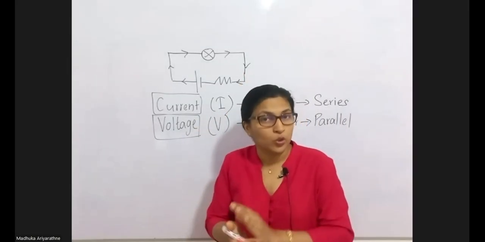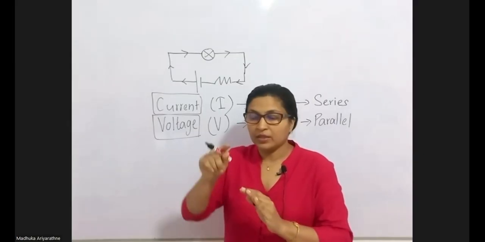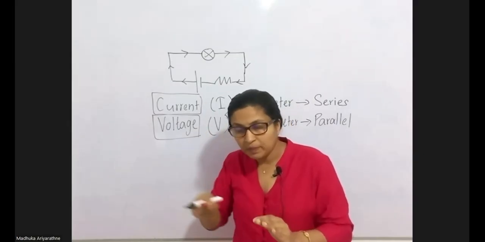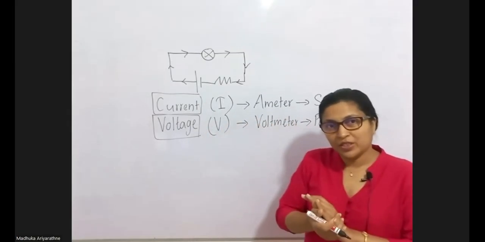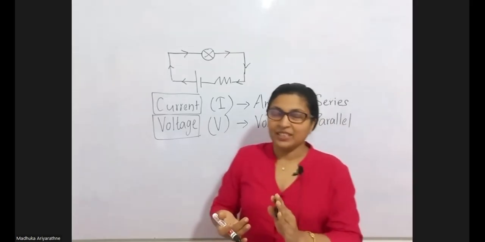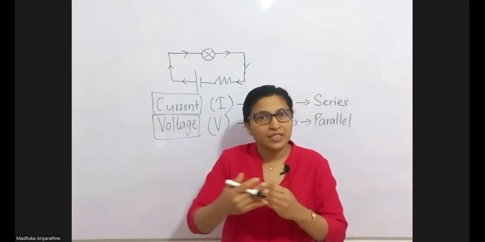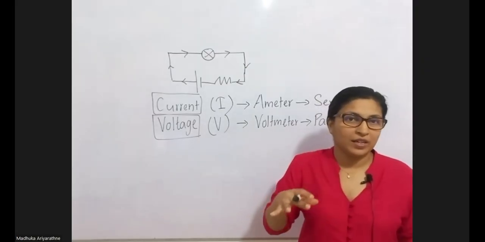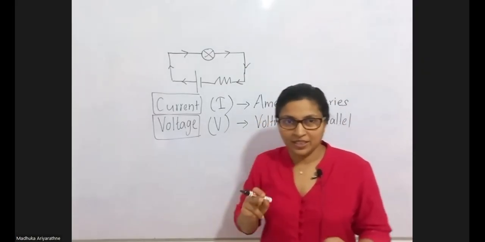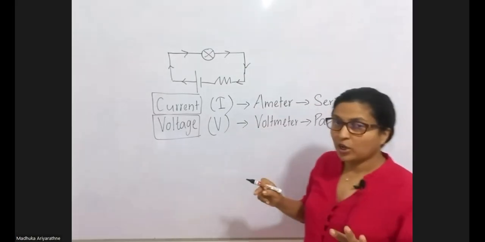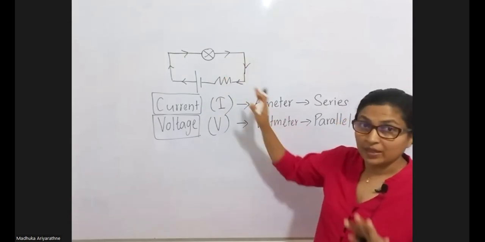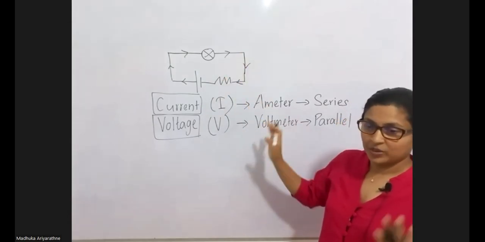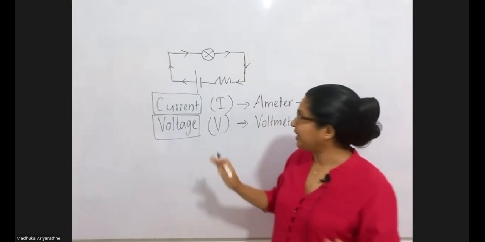If we switch on, it acts as a complete circuit. But if we switch off, it is disconnected, so it is an incomplete circuit. It's not closed, so it becomes an open circuit. I hope you have an idea of those things.